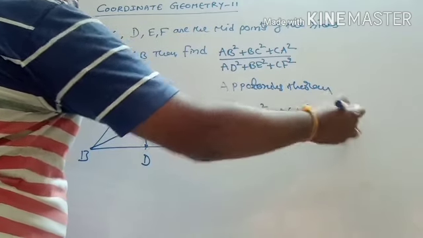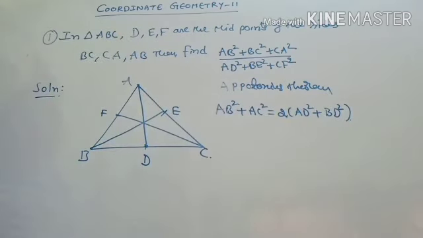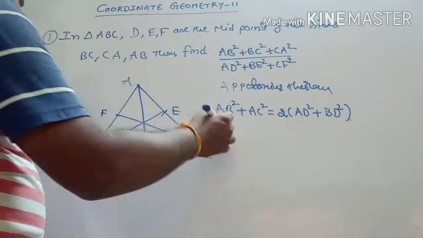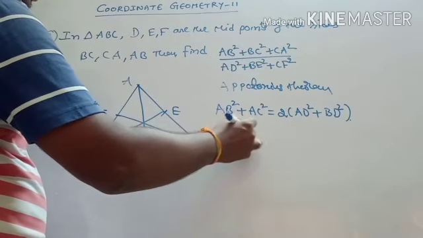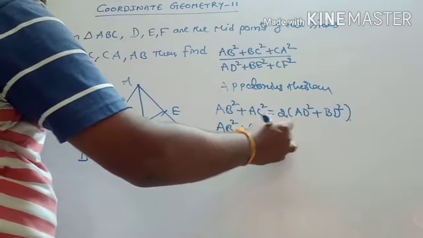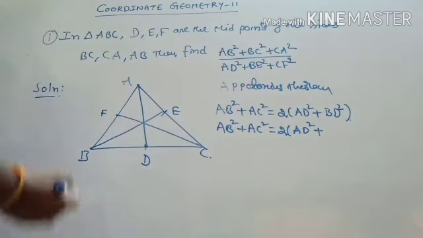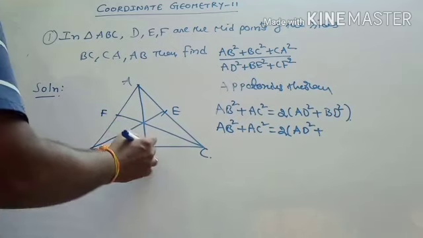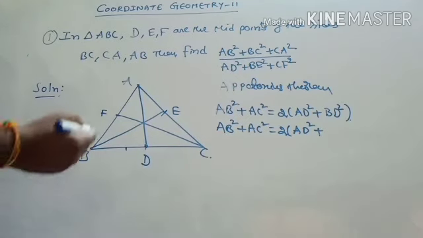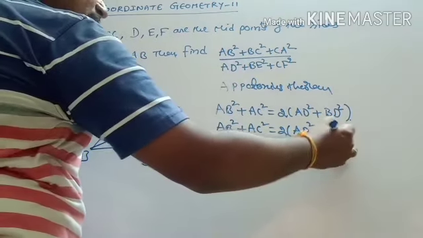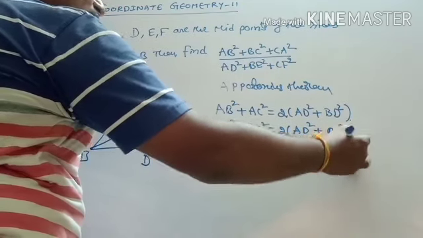Using this fact, AB square plus AC square is equal to 2 times of AD square plus BD square. BD you can write as BC by 2 because D is the midpoint here. That means you are going to get BC square by 4.